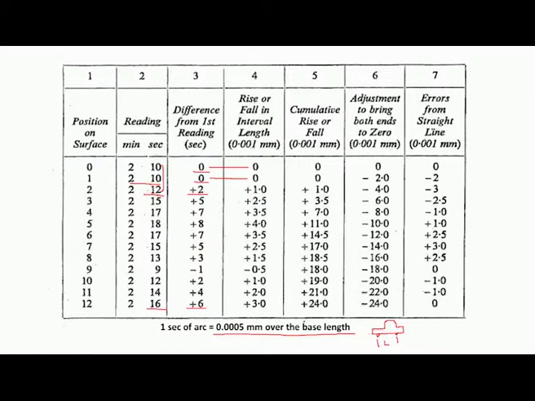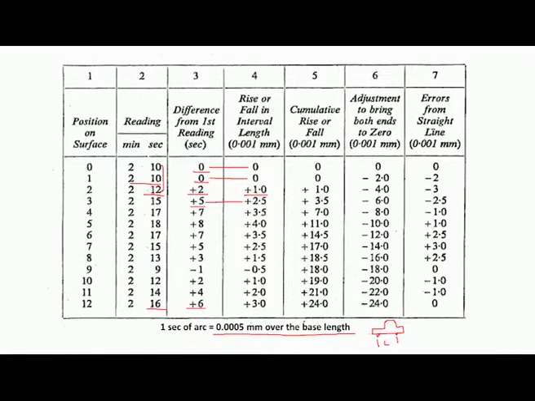So, for the rise or fall in the interval, the difference in seconds is 2. So, 2 into 0.0005 millimeter gives us 1 micrometer, or 0.001 millimeter, and then 0.0005 times 5 gives us plus 2.5 micrometer.